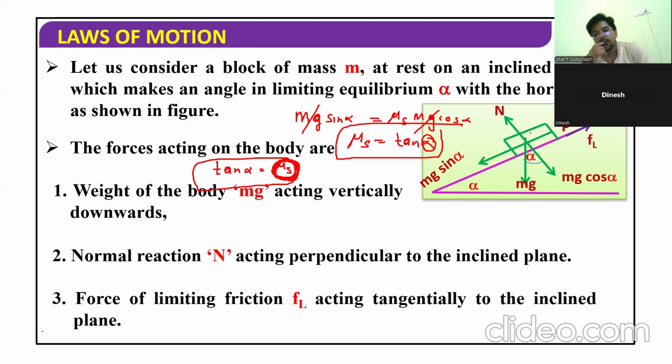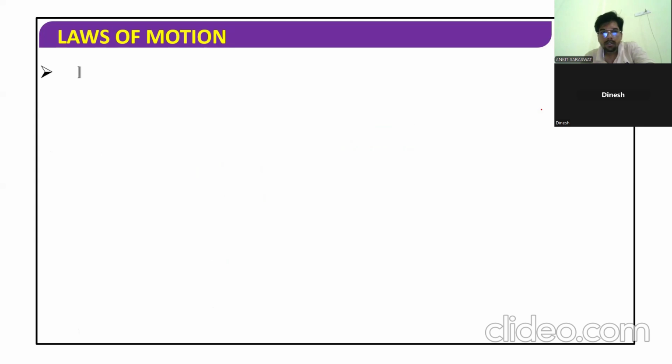The angle of repose is the angle at which an object begins to slide. Begin to slide means mg sin alpha must be equal to FL. It is not moving. Clear? This is the angle of repose.